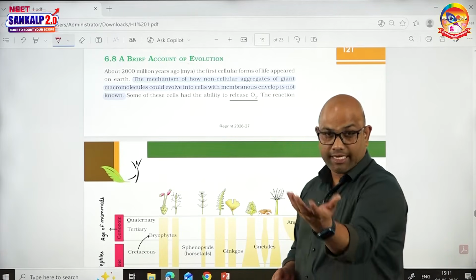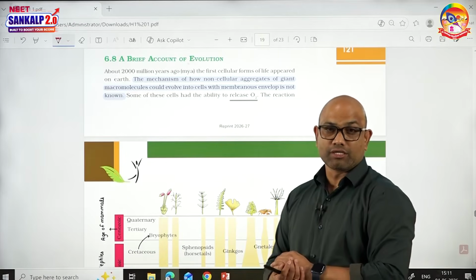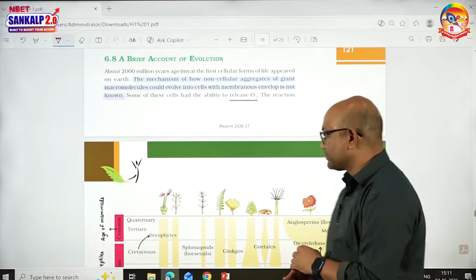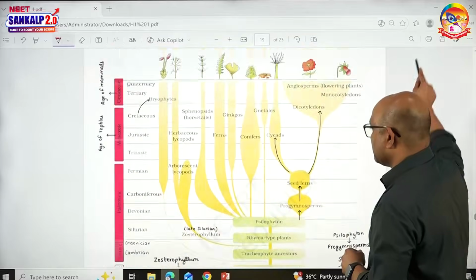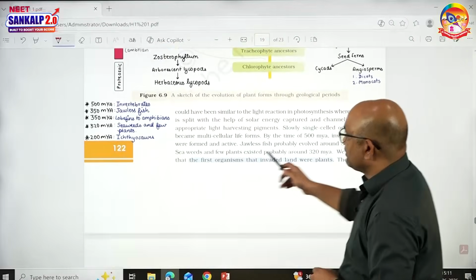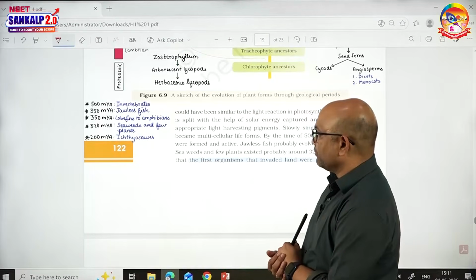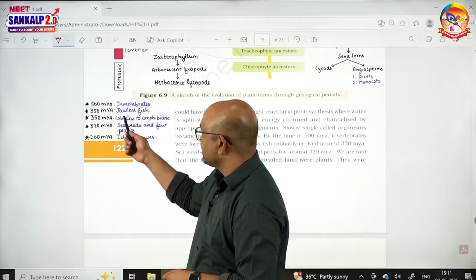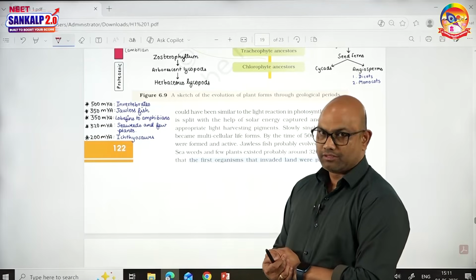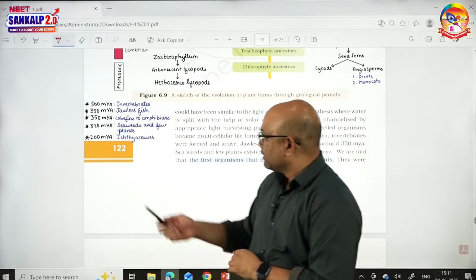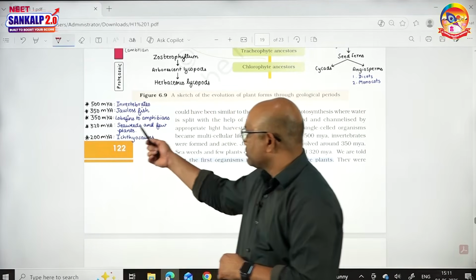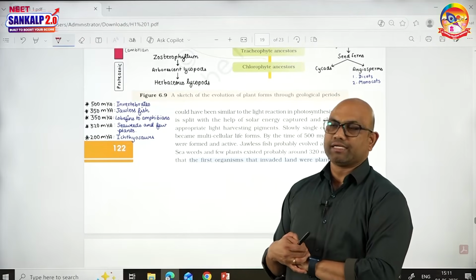Some cells released oxygen, that I told you, like oxygenic photoautotrophs. Next, around 350 million years ago, invertebrates formed and were active. Around 350 million years ago, jawless fishes evolved.